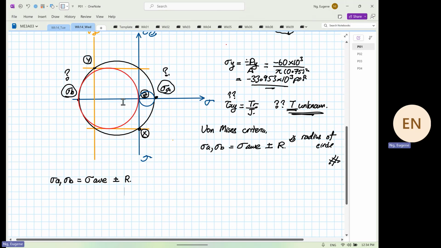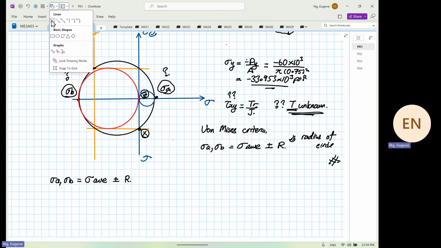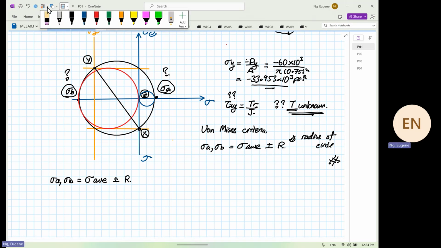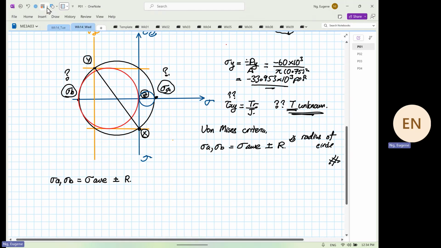if you look at this Mohr circle over here, we know that, right? So what we know is, I'm going to draw our stress average line. So this is a sketch.